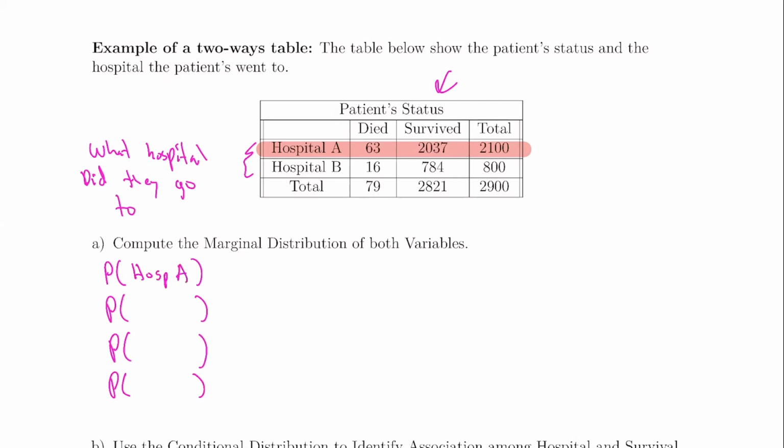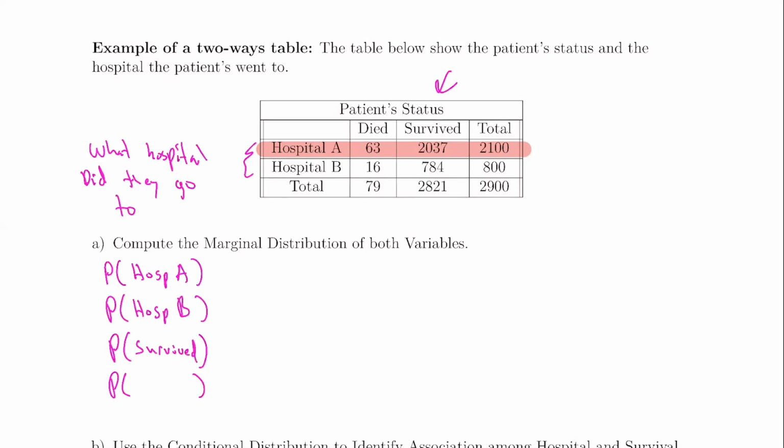All right, what's the other probability that I could find? That's a marginal distribution. All right, hospital B, perfect. What's the other marginal distribution I could find? Perfect, so they survive.